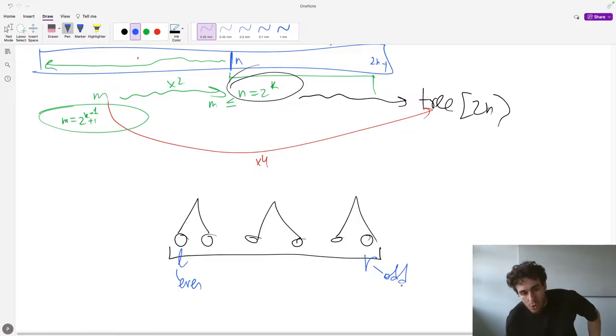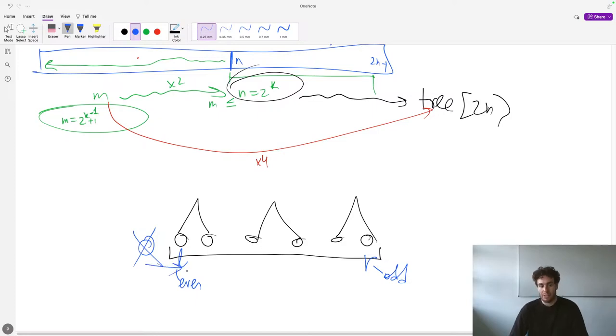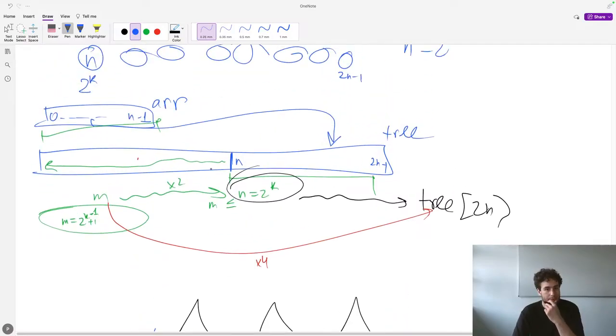So before going to the previous level, I want to make sure that the left bound of my segment is even and the right bound of my segment is odd. If it's not the case, then I just take this element and move my bound. And this is basically the whole algorithm.